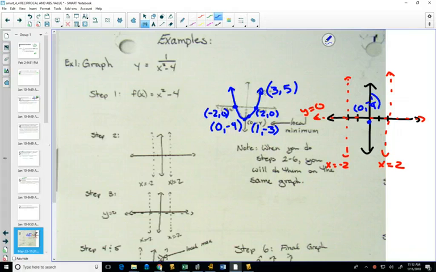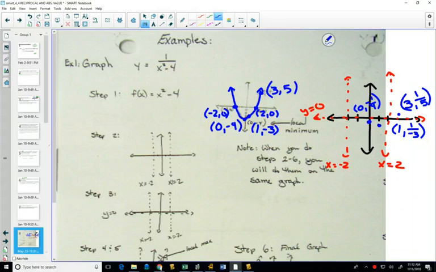All we do is take our y value and do 1 over that. 1, negative 3 will change to 1, 1 over negative 3. What's going to happen to 3, 5? 3, 1 over 5.